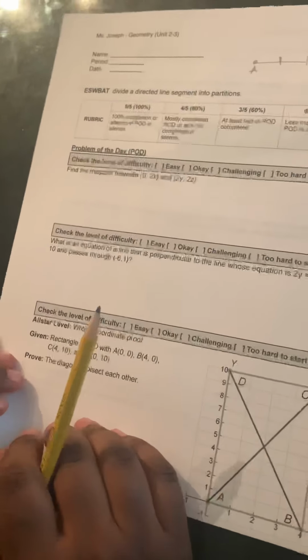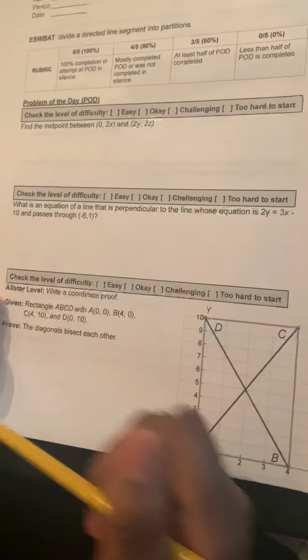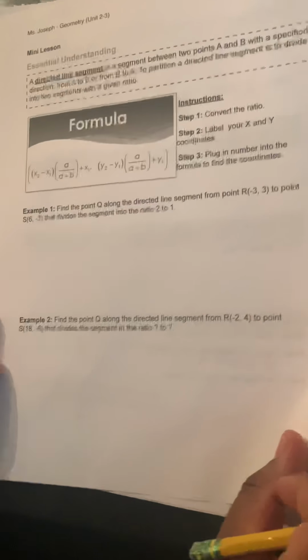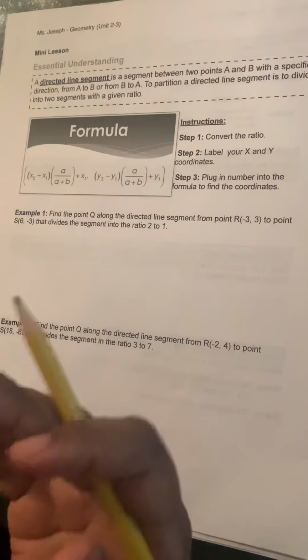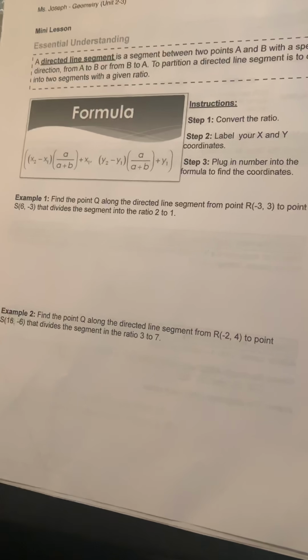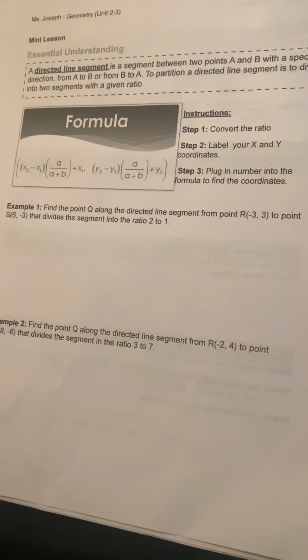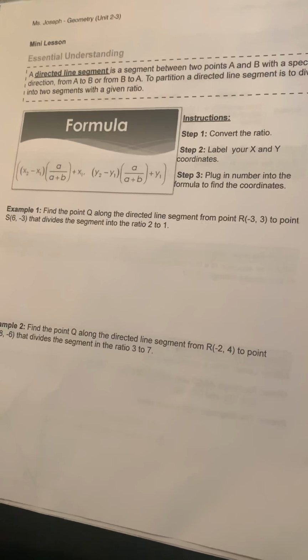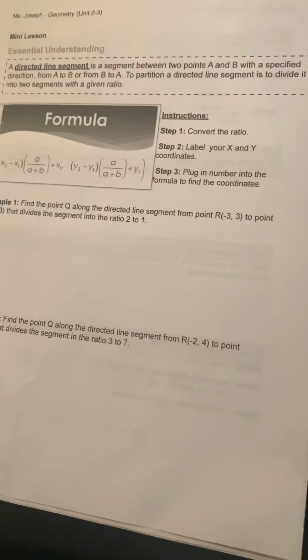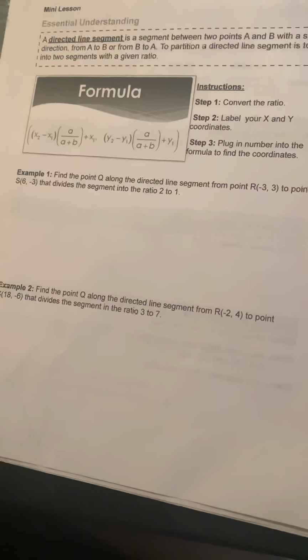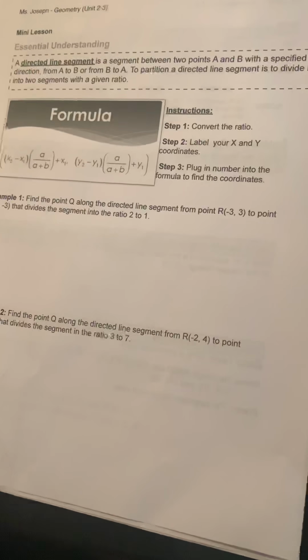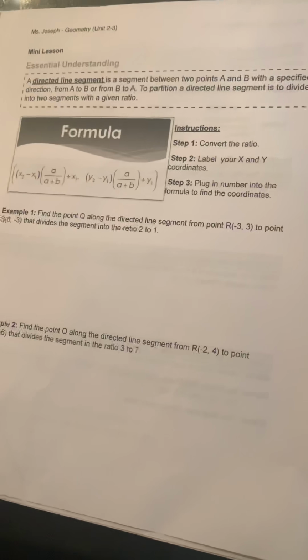Of course, you are responsible for doing the problem of the day, and in the next lesson, I'll go over it with you. But today's mini lesson, our essential understanding is that a directed line segment is a segment between 2 points A and B with a specified direction from A to B or from B to A. To partition a directed line segment is to divide it into two segments with a given ratio.